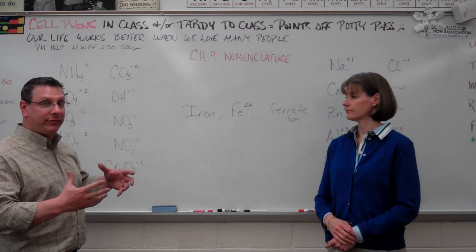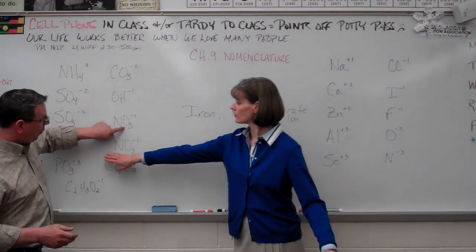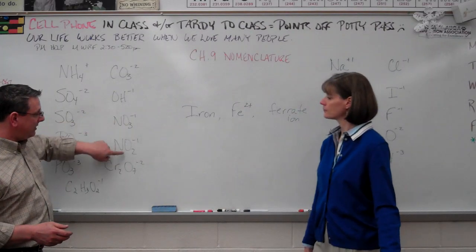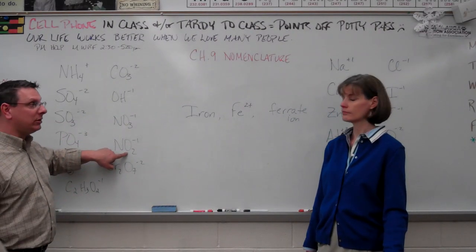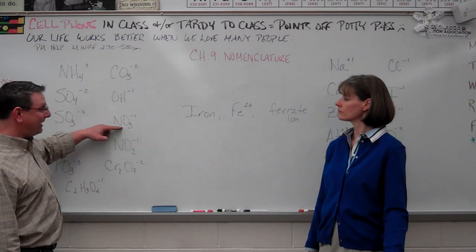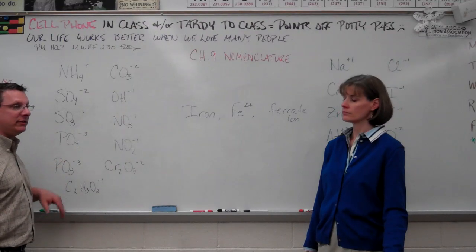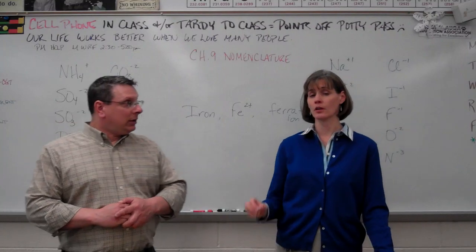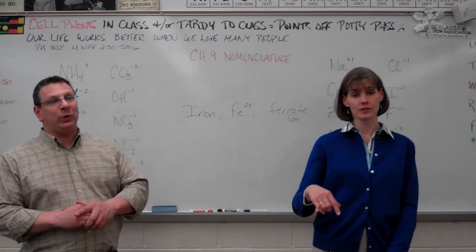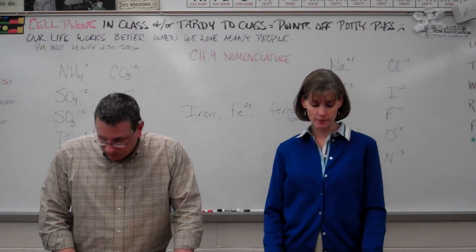The ate form of an oxyanion always has one more oxygen than the ite form of that similar oxyanion. You have nitrate, nitrite, sulfate, sulfite, phosphate, phosphite, and so on. And it's changing the oxidation number of the nonmetal that's not oxygen. And the ending just shows us that there's that difference.